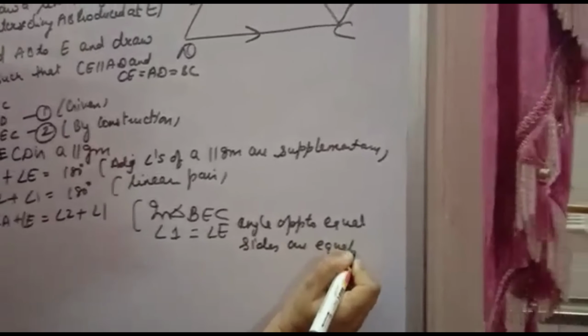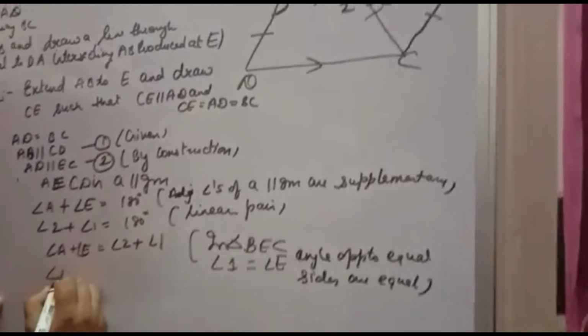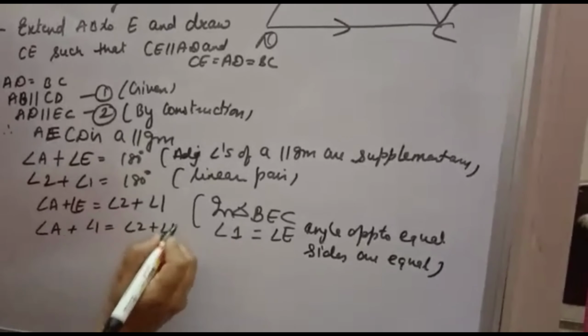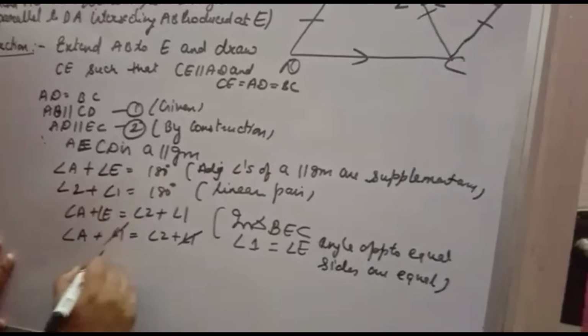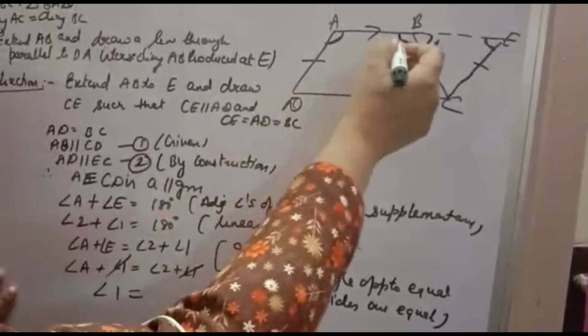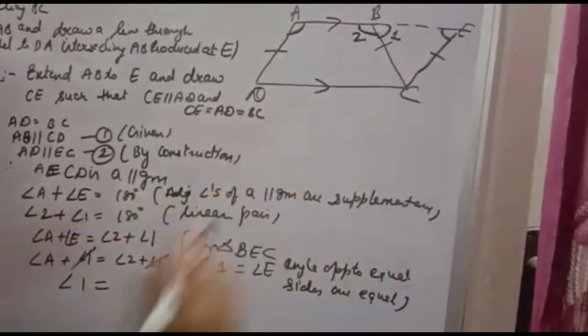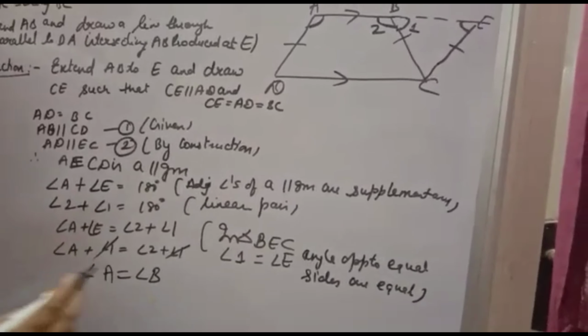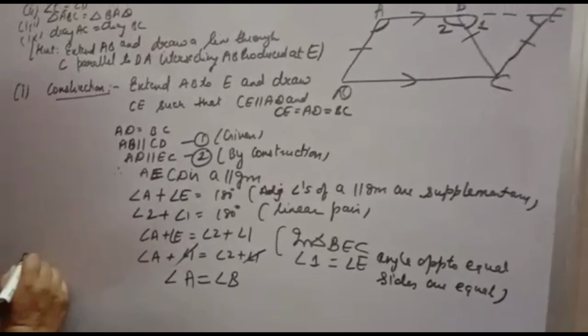In place of angle E you can write angle 1. Angle 1 cancels, so angle A is equal to angle 2. Angle 2 is B only. So angle A is equal to angle B. This you have to prove. So that is the first part. Now the second part is easy only.